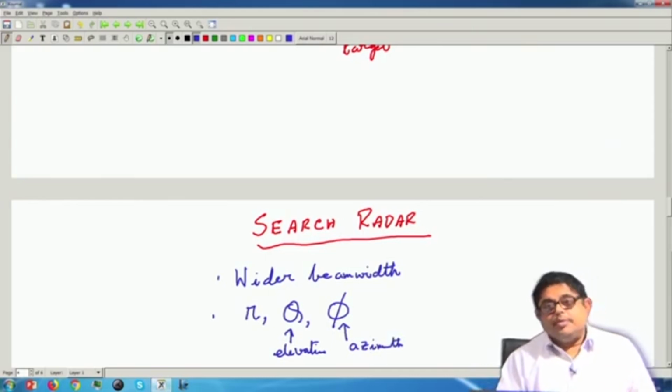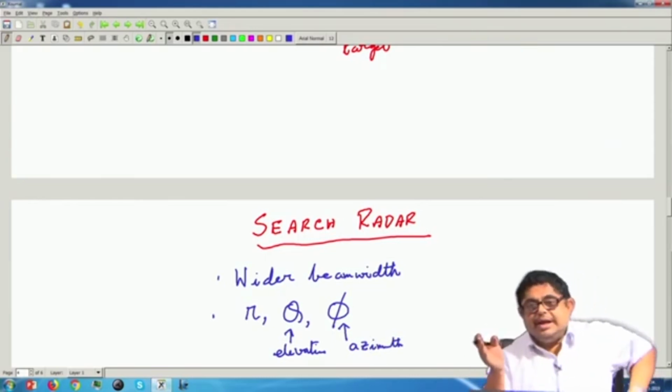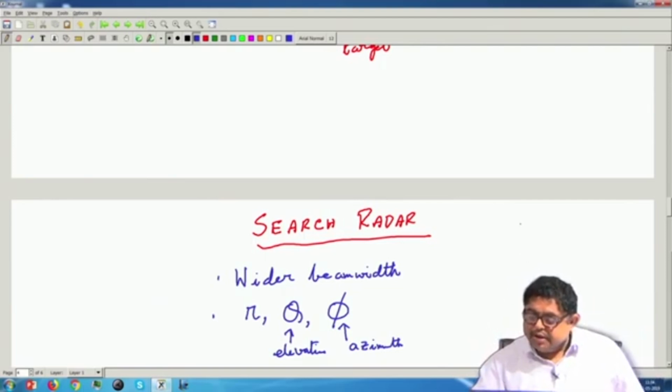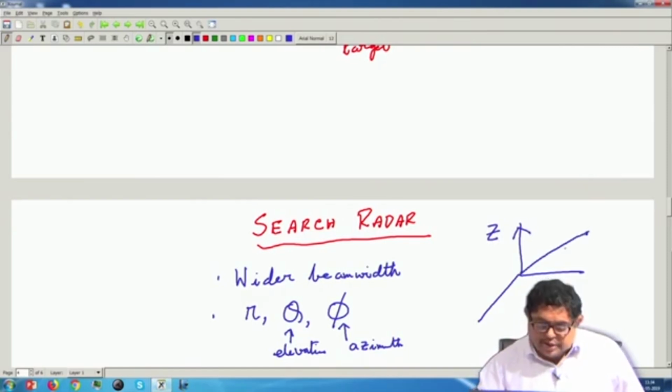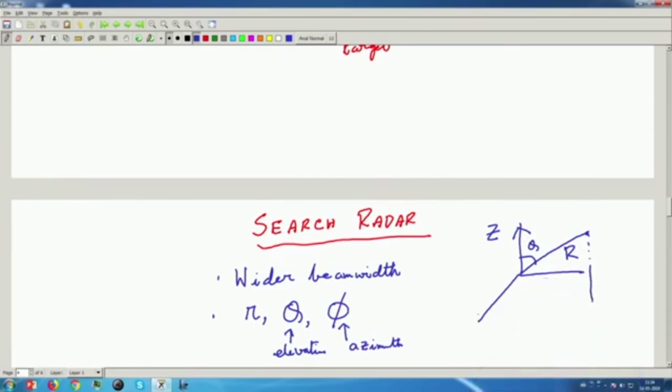So, if you have a coordinate system like this, with this as your z axis, this is your range r, and this is your theta. You project this on the xy plane, and whatever angle that projection makes is phi.